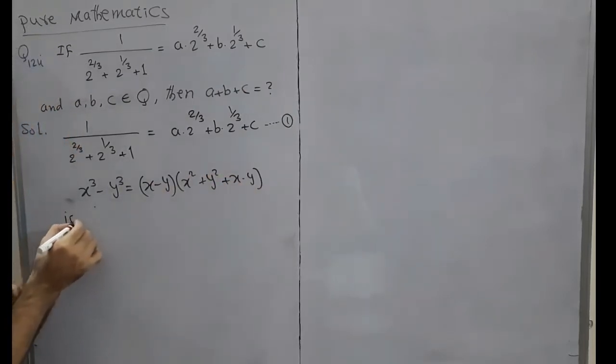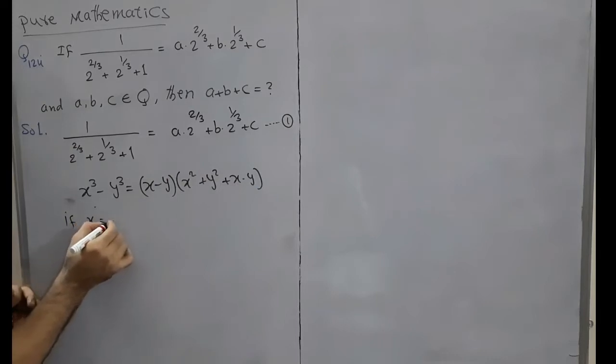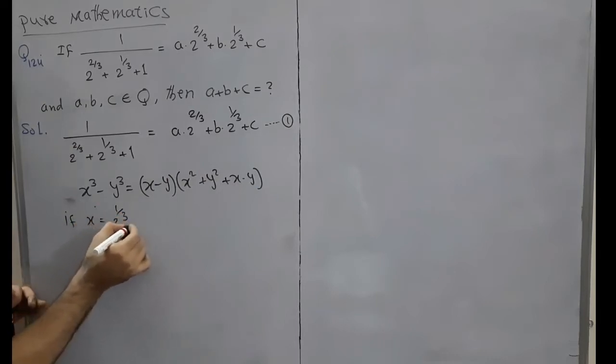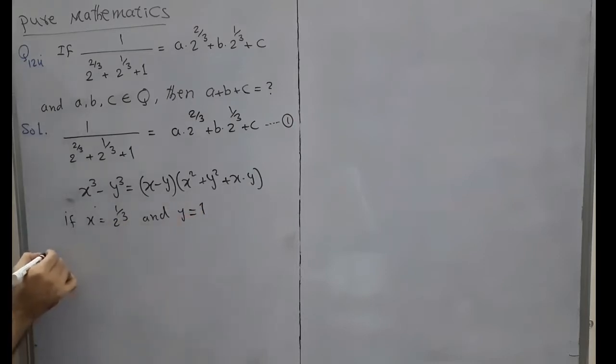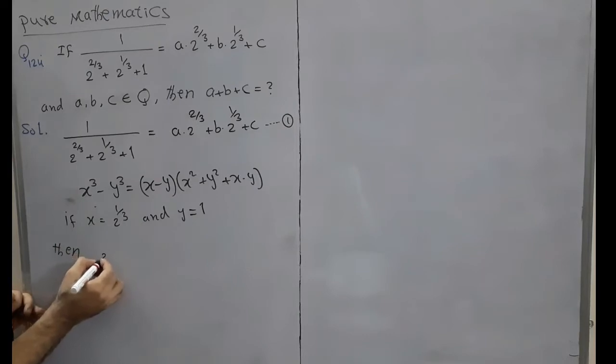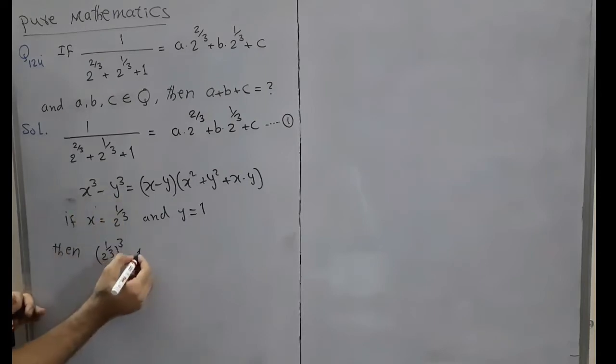If x is equal to 2 to the power 1 over 3 and y is equal to 1, then we can write (2 to the power 1 over 3) whole cube minus 1 cube.